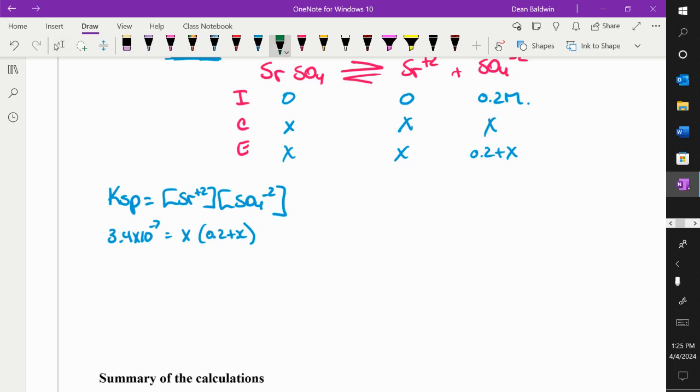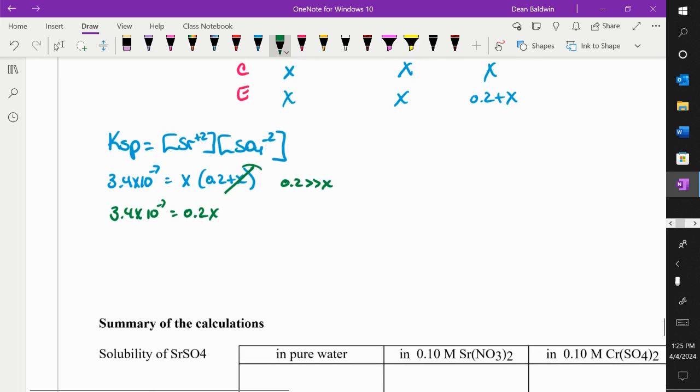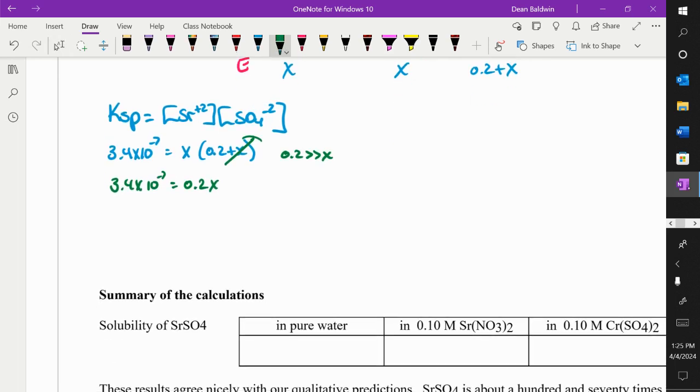There we go. 0.2 is much, much bigger than X, so we can just ignore that, and we get 3.4 times 10 to the minus 7 is 0.2X. Then we divide by 0.2, and we get X.